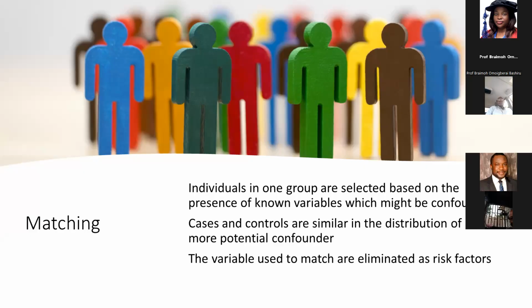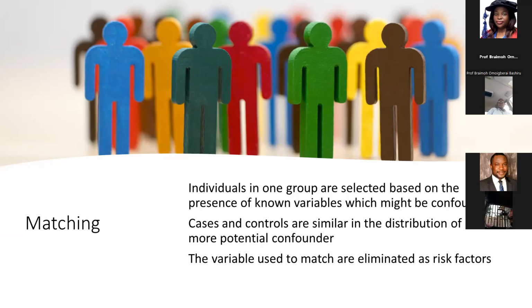So individuals in one group are selected based on the presence of the known variables. So you select, for example, assuming the variable of interest is sex that you want to match by. If you select a male into the one group, you must select a male into the other group. You select a female into one group, you must select a female.